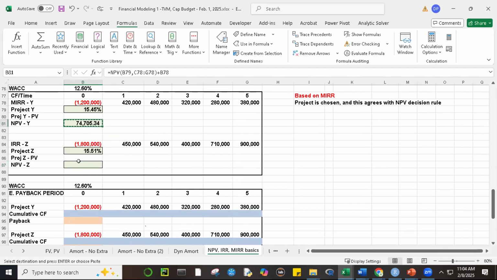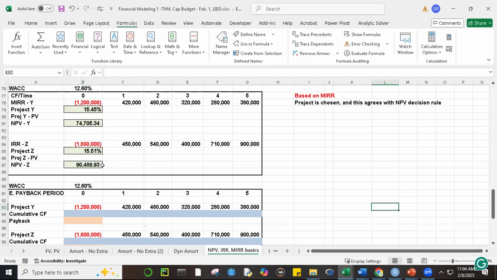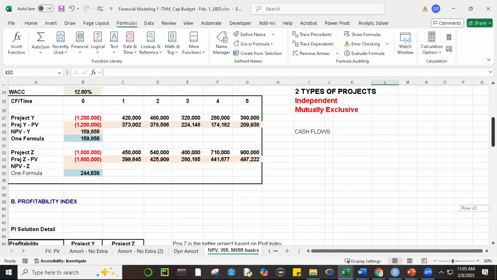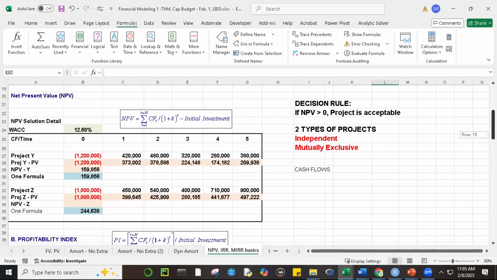Control C, Control V. The NPV using the MIRR will be consistent with the NPV using the weighted average cost of capital.